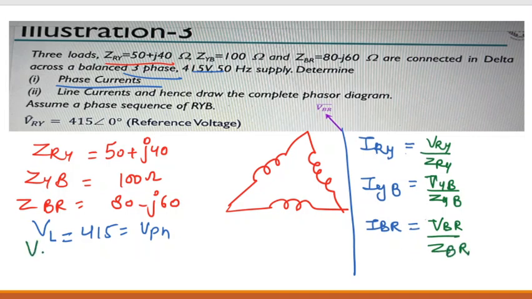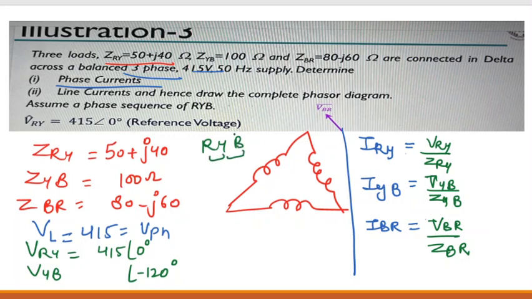So for voltage, the first one, RY, is 415 angle 0. The second angle is minus 120, meaning VYB. As I told you, the sequence is RYB: R to Y, Y to B, and then B to R, right? And then VBR is 415 angle minus 240 degrees, correct?